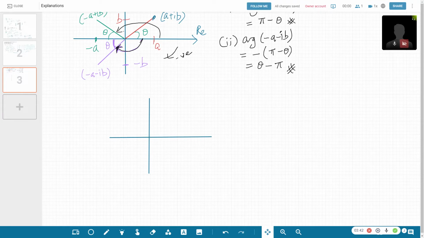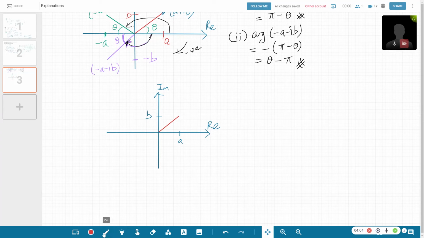So this is the axis. This is the imaginary, this is the real, the a and the b. So let's change to a plus ib. This is a plus ib. How about b plus ia? We don't know where it is. Let's let it be purple. So let this be b plus ia.